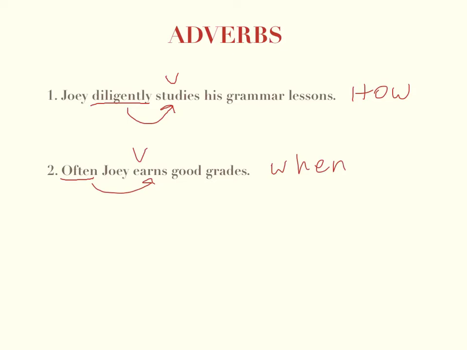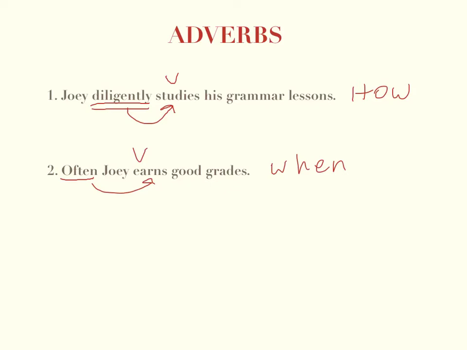And as you can see, if we go back to number one, our adverb is diligently. It's very common for adverbs to end in ly, and there are definitely hundreds, if not thousands, of adverbs that end in ly. So that's always a good clue. If you see a word that ends in ly, think of how, when, and where.